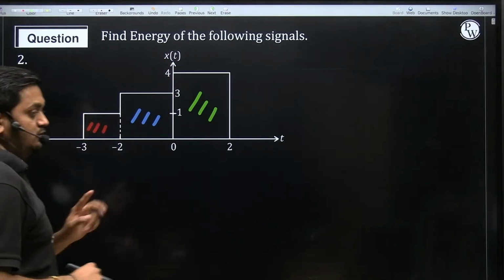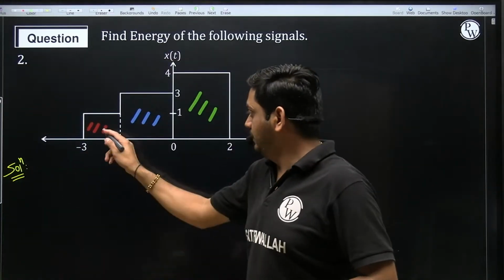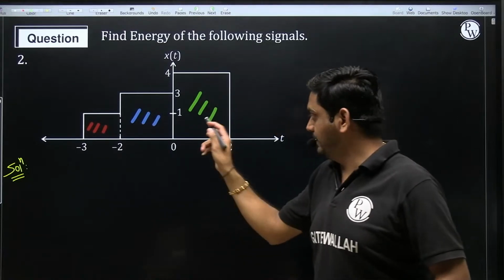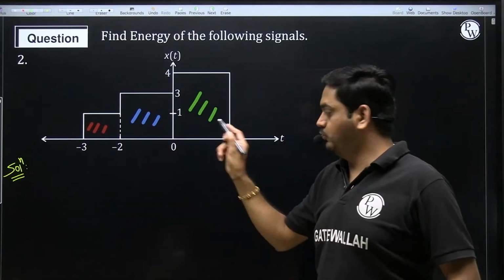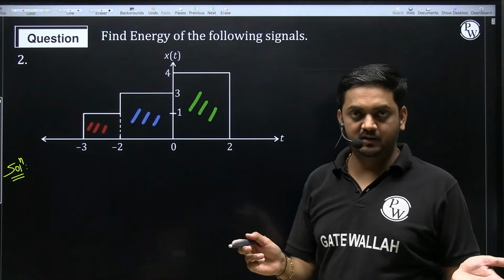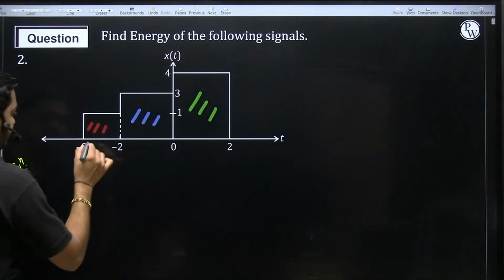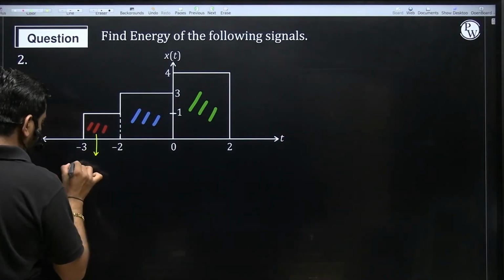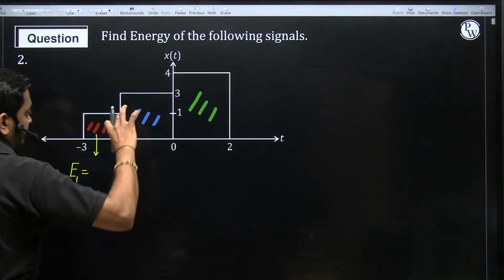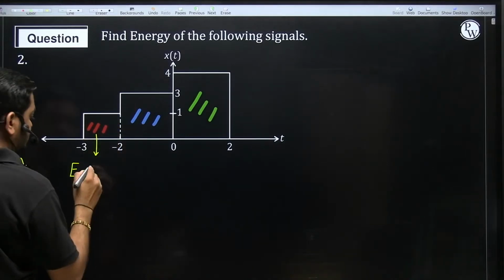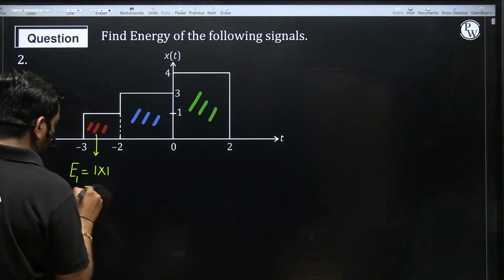The multiplication of any two signals is 0: x1 into x2 is 0, x2 into x3 is 0, x1 into x3 is 0, guys. Correct? So the total energy will be the sum of the individual signal energies. The energy of this rectangle is peak value square into width. The peak value is 1, width is 1, so it will be 1.